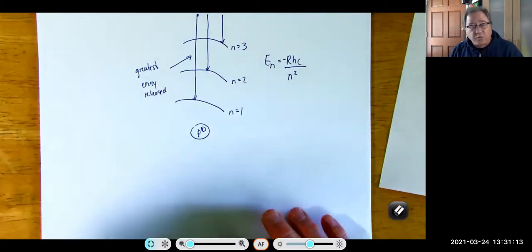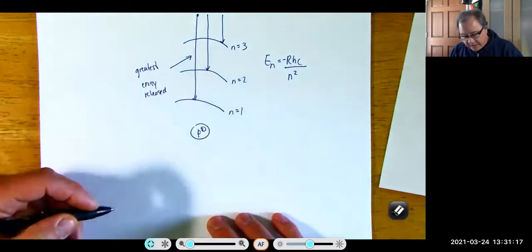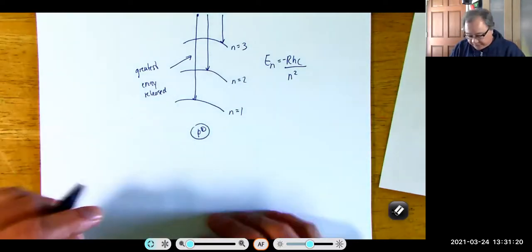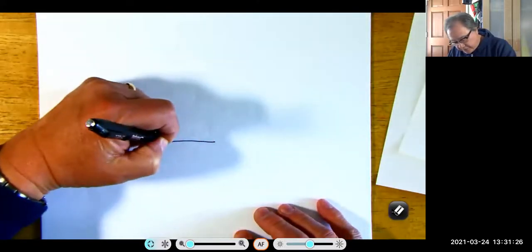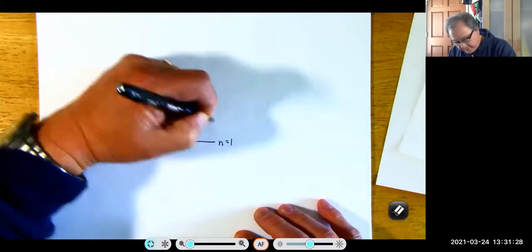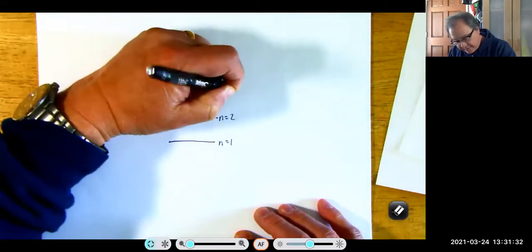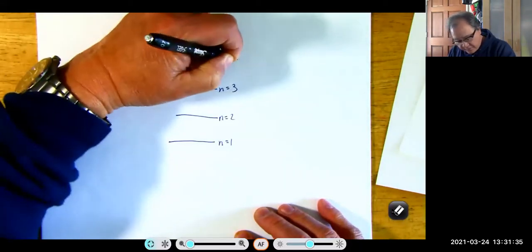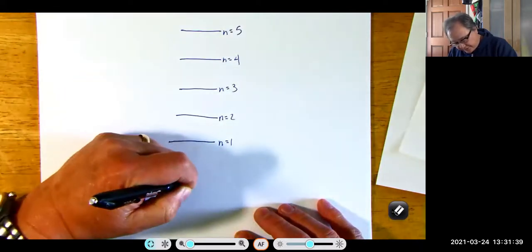So for instance, why do you get a line in an emission spectrum? What can actually happen is, and so I'm going to show you another image. What I'm going to do here is n equal 1, n equal 2, n equal 3, n equal 4, n equal 5, and here is the nucleus.